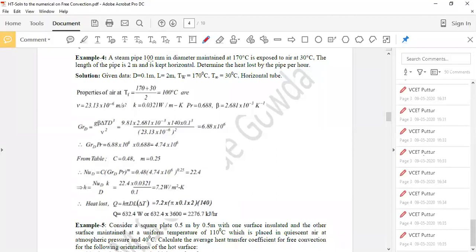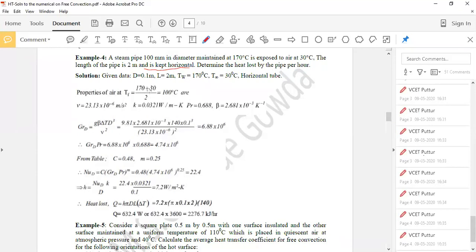A steam pipe 100 mm in diameter, maintained at 170 degrees centigrade, is exposed to air at 30 degrees centigrade. The length of the pipe is 2 meter and it is kept horizontal, so you can treat this as the horizontal cylinder case. Determine the heat loss by the pipe per hour.